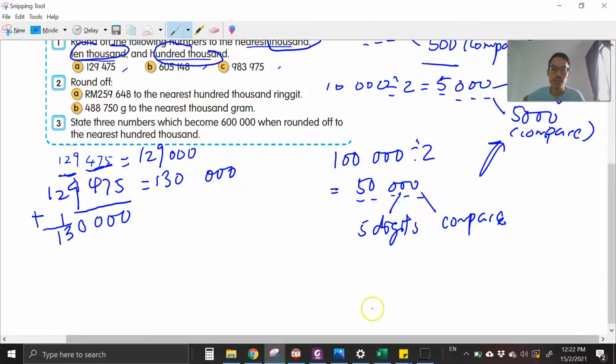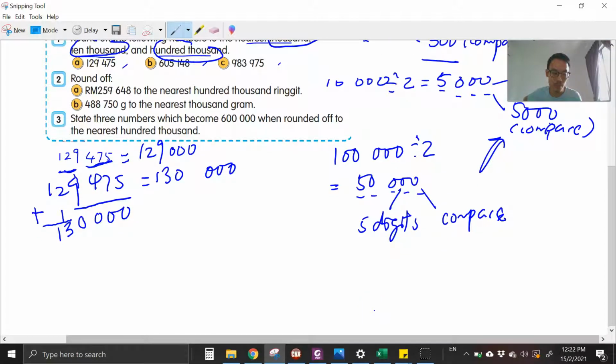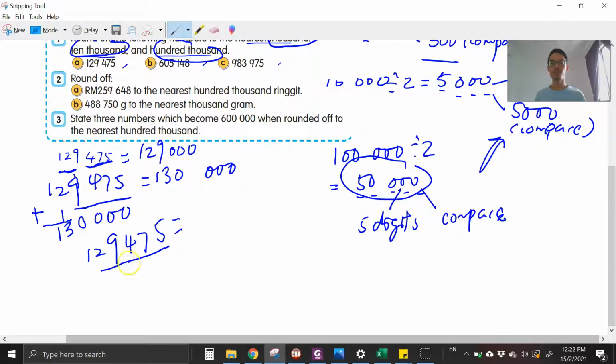Okay, now we write down the question. 129,475. Okay, 5 digits. So you underline the 5 digits. 1, 2, 3, 4, 5. The last 5 digits. Okay, not the front. The last 5 digits, yang belakang. And then you compare with 50,000. 50,000 bigger or 29,000 bigger? 50,000 is bigger.